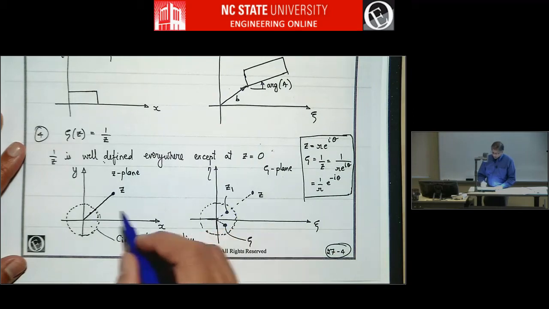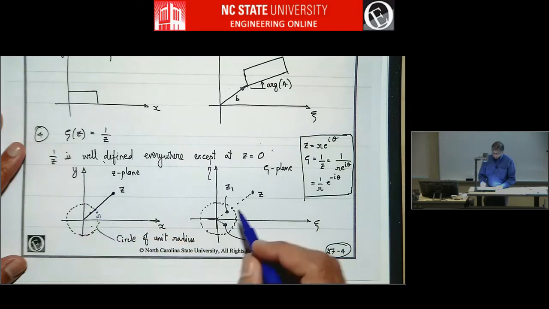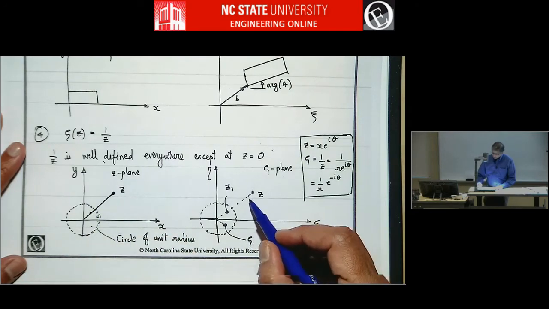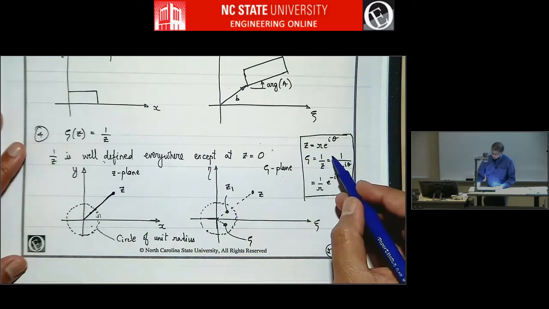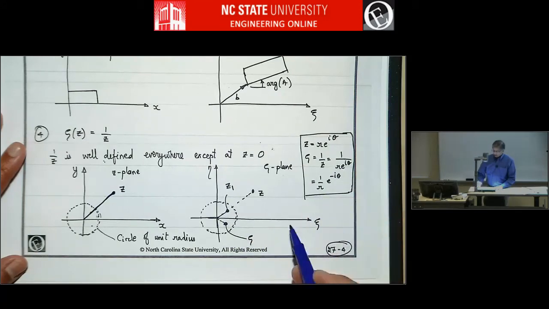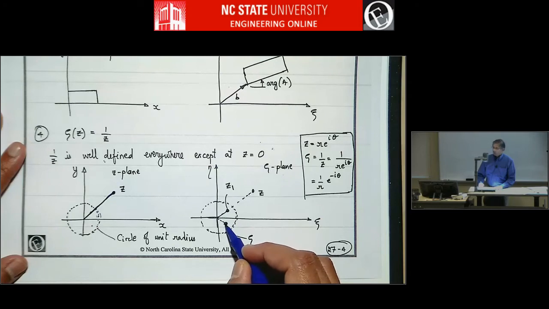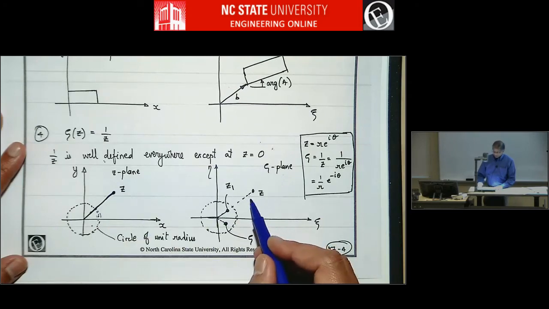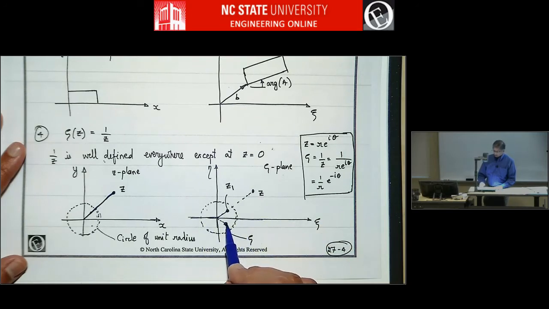In the zeta plane, it will mirror this about a unit circle. If this distance is r, the new point is at a distance 1 over r, and then it will get mirrored in the x-axis. So the new point will become here. In other words, you take this point, mirror it about the unit circle, and then mirror it about the horizontal axis, and that will be the new point.